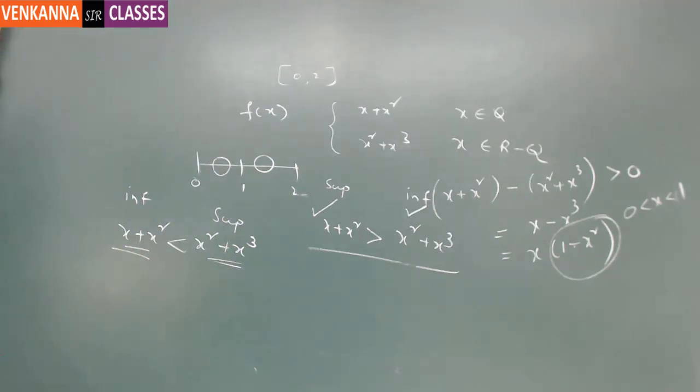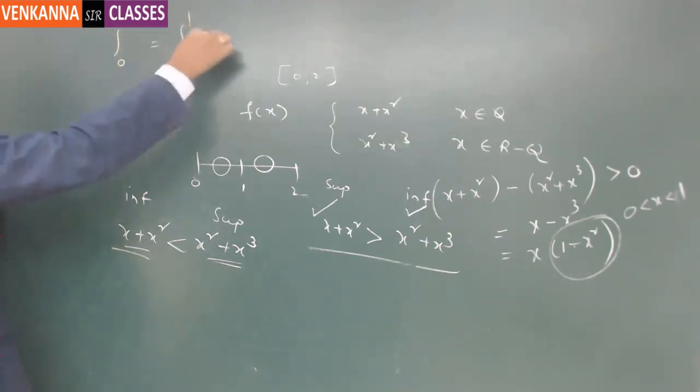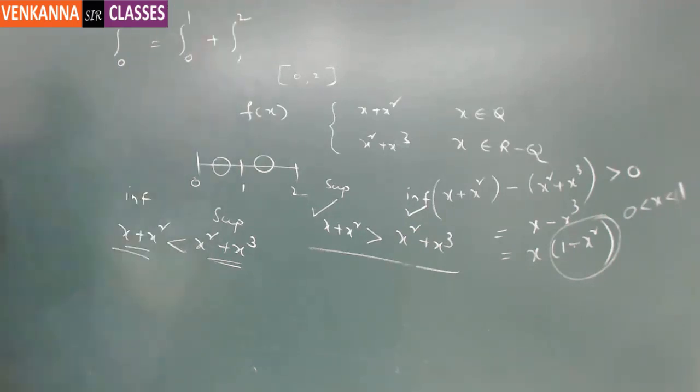So far, in whatever problems we have done, we calculated by taking a partition P, taking subinterval length delta R, having the sums UPF and LPF, and we calculated the limit as n tends to infinity. But for this problem, we simply bifurcate the total interval as integral 0 to 2 equals integral 0 to 1 plus integral 1 to 2, and we simply integrate the values.